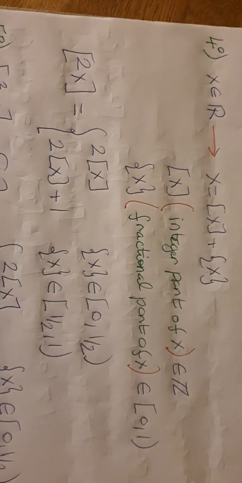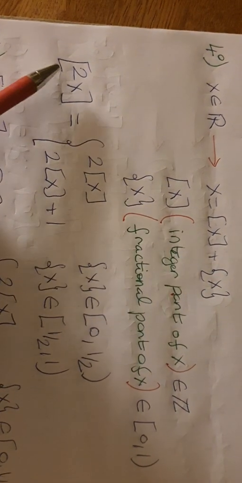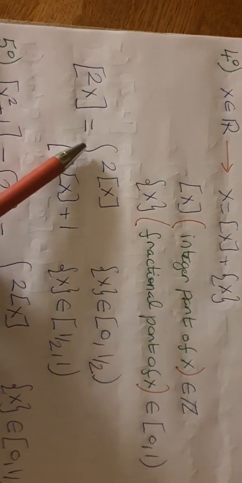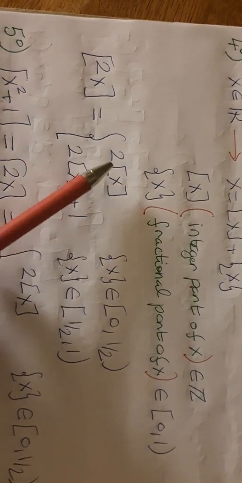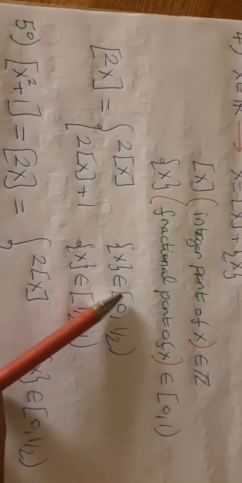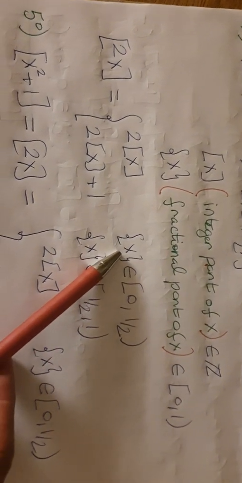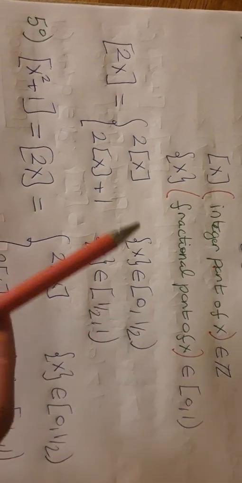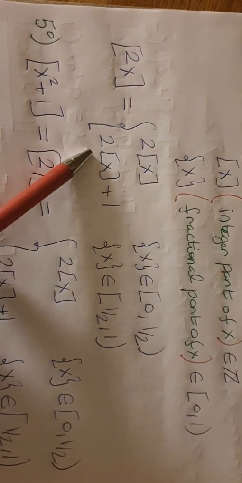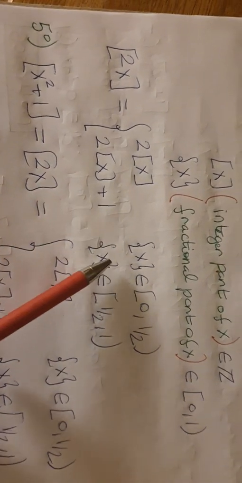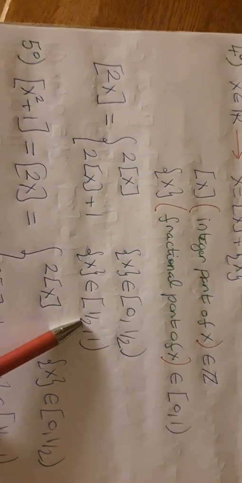Okay, now to the crucial part of the solution. The integer part of 2x is equal to 2 times the integer part of x if the fractional part of x lies in the interval [0, 1/2), and it is equal to 2 times the integer part of x plus 1 if the fractional part lies in the interval [1/2, 1).